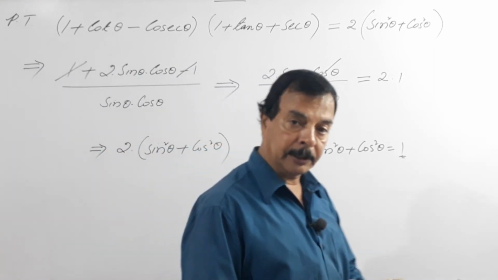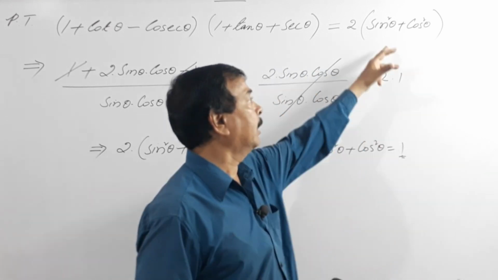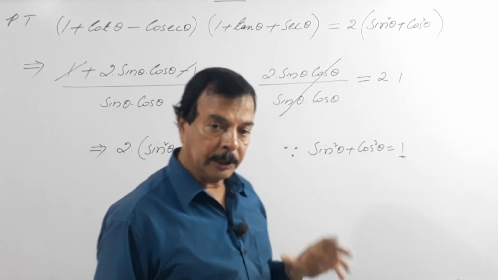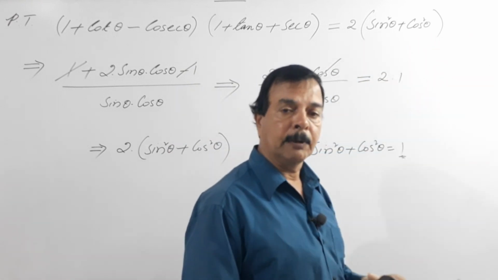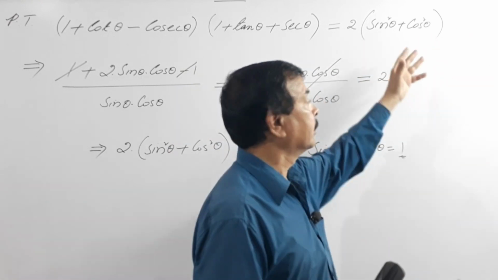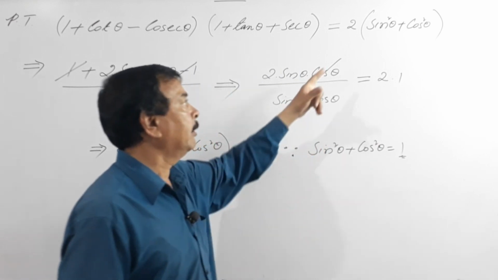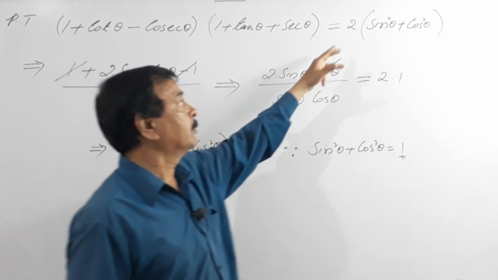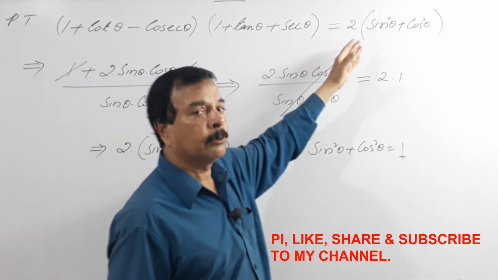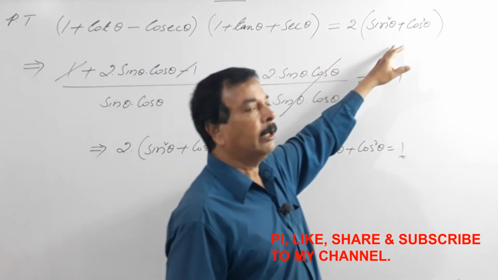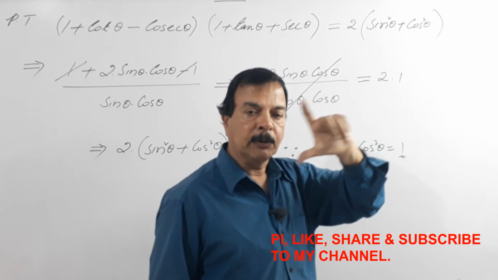See, examiner, I wrote this deliberately because in the event you get this 2 into sin square plus cos square, you might be wondering how to get this. For that reason I have deliberately added it, though the textbooks read only 2. In the textbooks, you have to prove this equals 2. But I included this also only to make you sharp.